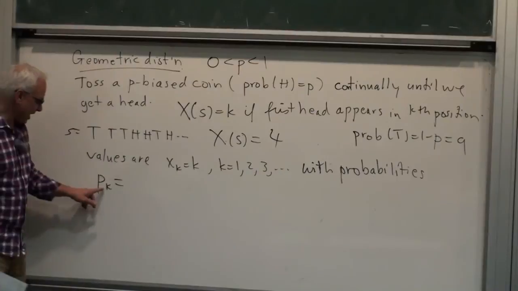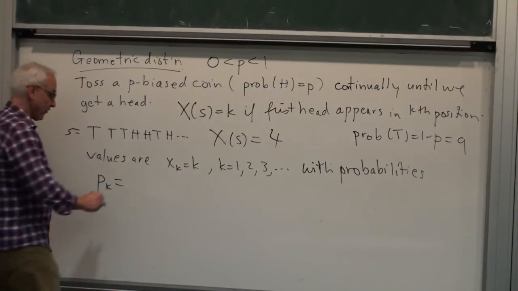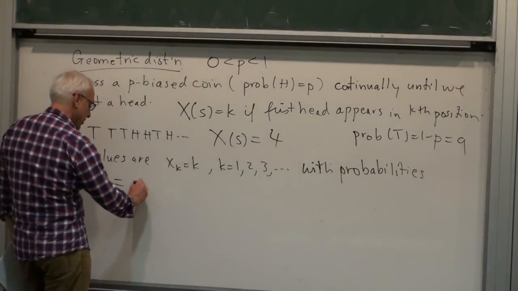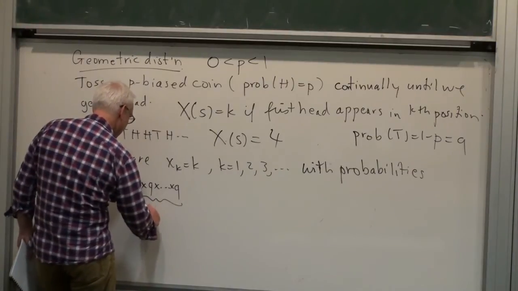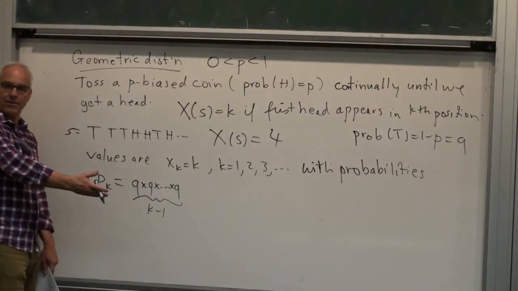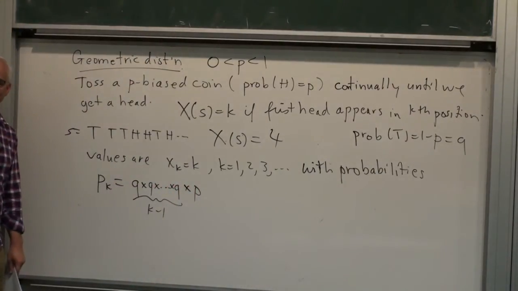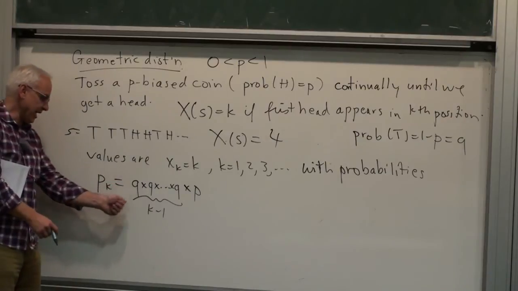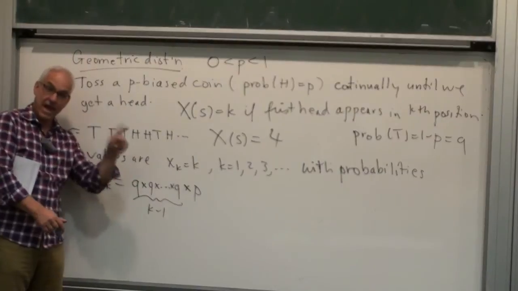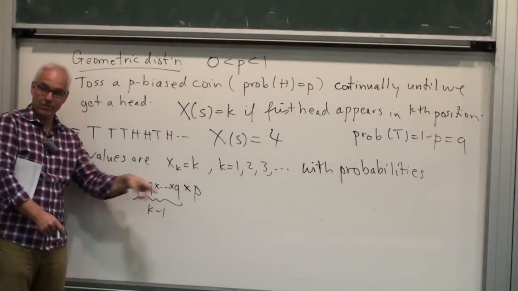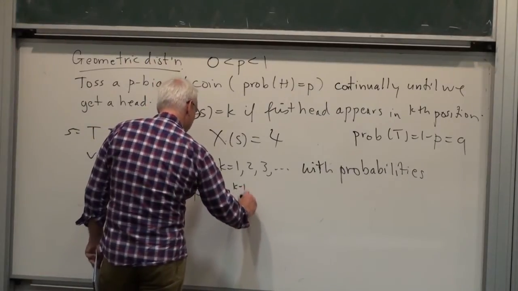So the probability that we get a head first in the kth position is q times q times q, altogether k minus 1 times, then p. So it occurs when the first one's a tail, the second one's a tail, and so on. The first k minus 1 are all tails, and then the kth one is a head. So we can just write q to the k minus 1 times p.